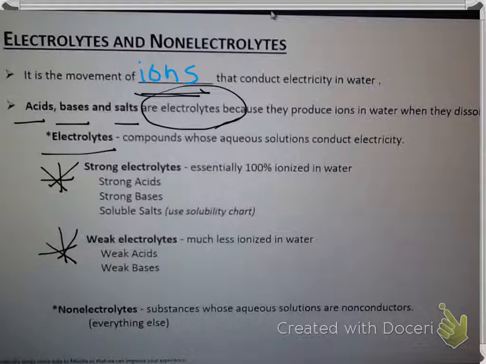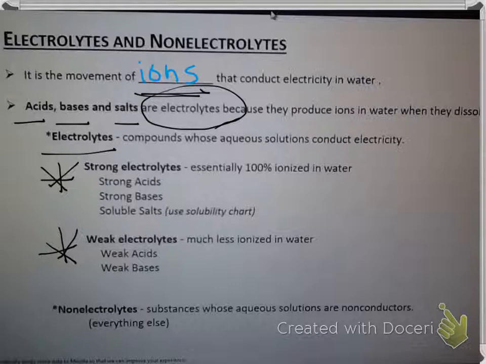What are weak electrolytes? Weak electrolytes are less than 100% ionized or dissolved in water. Typically, these are going to be your weak acids and your weak bases. Things like acetic acid, carbonic acid, sulfurous acid, hydrosulfuric acid, ammonia, NH3, the base. So, weak acids and bases are weak electrolytes.